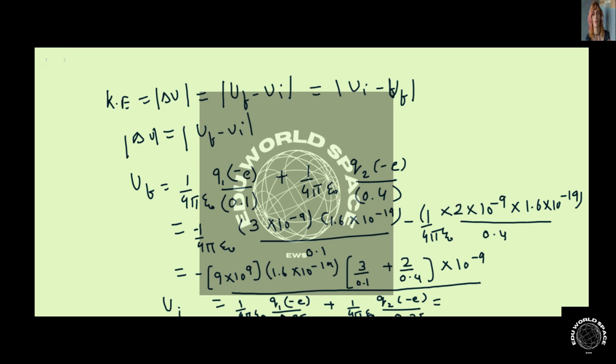So this gives us 9 into 10 raised to power 9, taking the minus common out, multiplied by 1.6 into 10 raised to power minus 19 coulomb. Taking 0.25 common out and adding Q1 plus Q2. Alright, so this is our UI, and this is our UF.